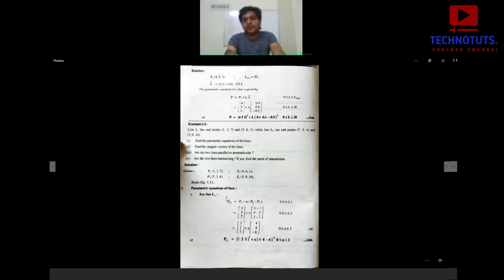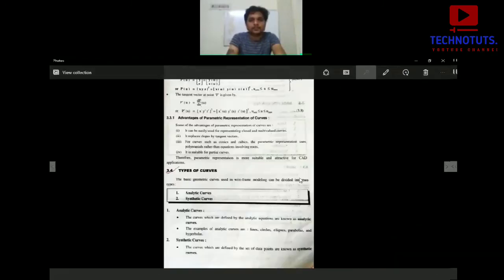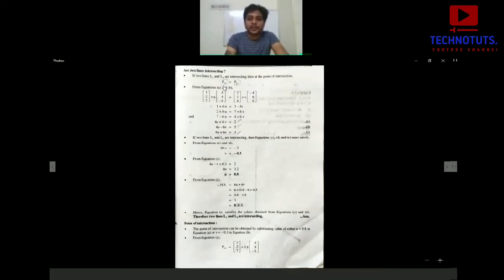So the parametric equations of the two lines should be equal to each other. Then only we can say that the two lines are intersecting lines. Okay. So if the two lines are intersecting lines, then the parametric equation of line number 1 and line number 2 should be equal to each other. So let us equate the parametric equations of the two lines with each other.